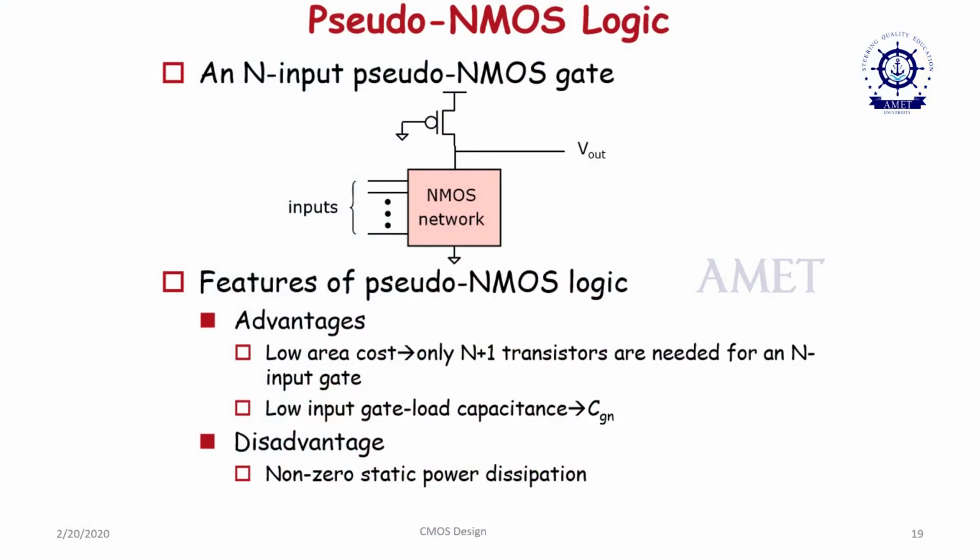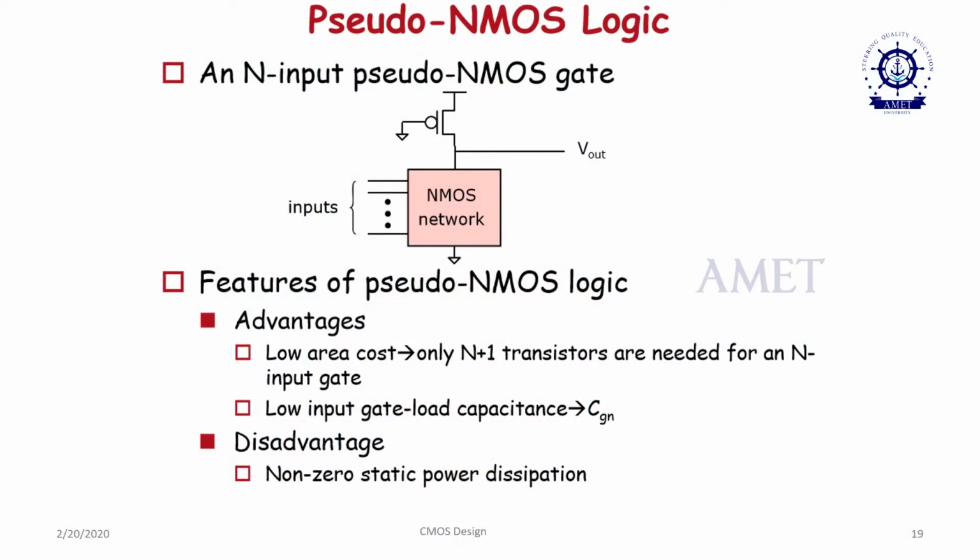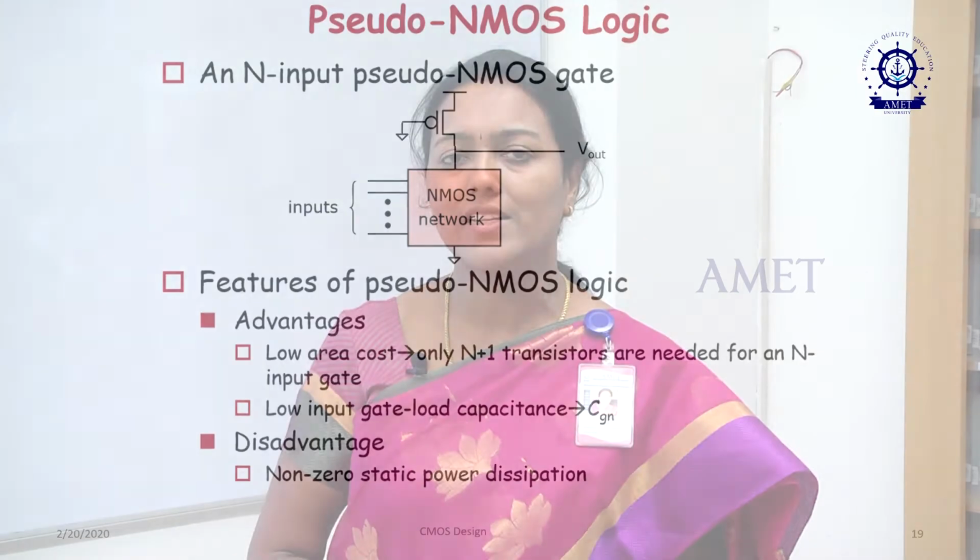So, in pseudo NMOS logic, say for example, if you want to establish one inverter, naturally PMOS acts as a load, that is acting as a PUN, that is pull up network, and in the PDN we have one NMOS, only one NMOS is required. We are able to get the inverted output. And for AND gate or NAND gate, you need 2 NMOS transistors that have to be connected in series.